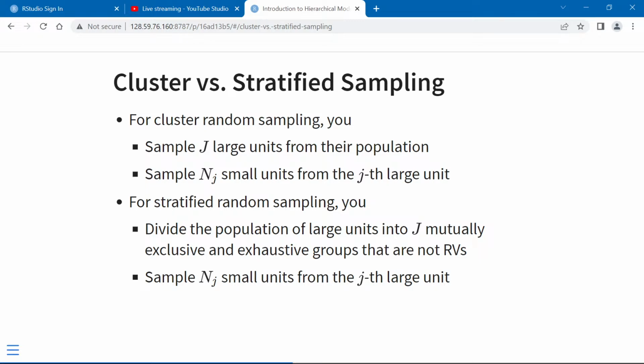But it differs from what's more common in political science, economics, and other social sciences, which is stratified random sampling, which is fundamentally different in that you divide the population of the big units into J mutually exclusive and exhaustive groups, and those groups are not random variables.